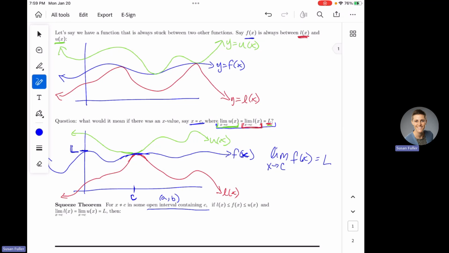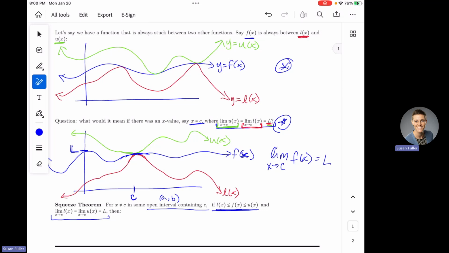So if L of x is less than or equal to f of x, and f of x is less than or equal to u of x, this says that my function f is stuck between L and u, just like we had up here. And the limit as x approaches c of my lower function L of x is equal to the limit as x approaches c of my upper function u of x. If those two limits are equal and we call that limit L, that means we are in this situation here.